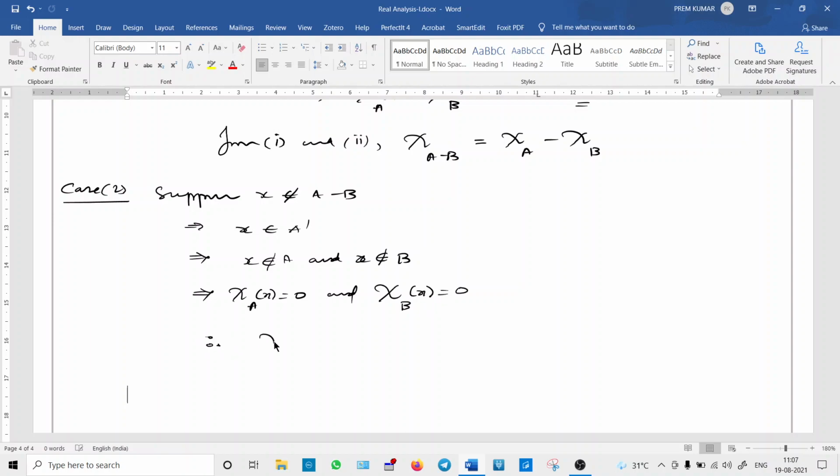Therefore, what is chi A of X minus chi B of X? And which implies what is chi A minus B of X? It's not belonging to A difference B, so this is 0. This is 1. And this is 0 minus 0 equals 0.